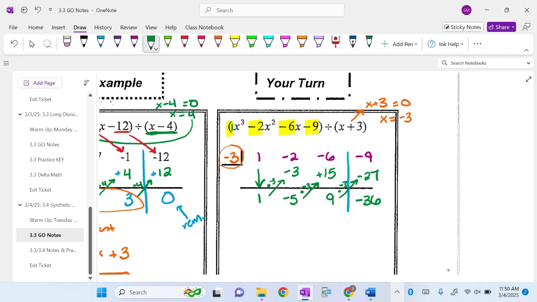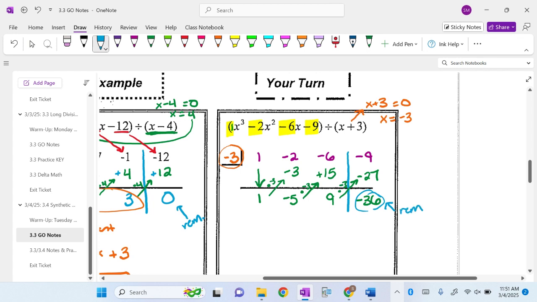So this time we actually do have a remainder. So this 36 right here is your remainder. So again, that's why I draw that line, so I know, okay, remainder is going to be in this spot. It's always going to be the last number that you have. Now, those are my coefficients of my answer. How do I figure out what variables go after them? What variable do you think I'm going to start with?